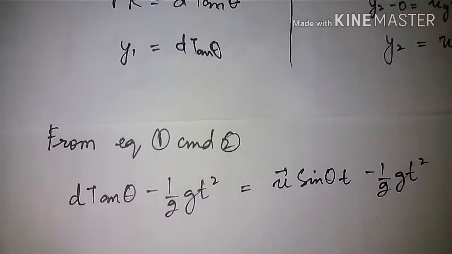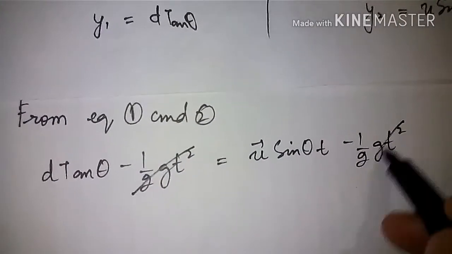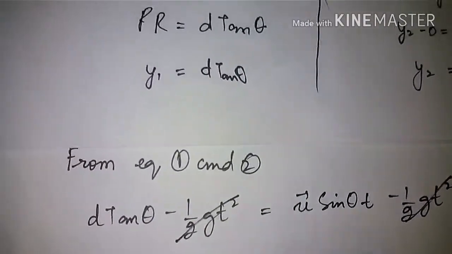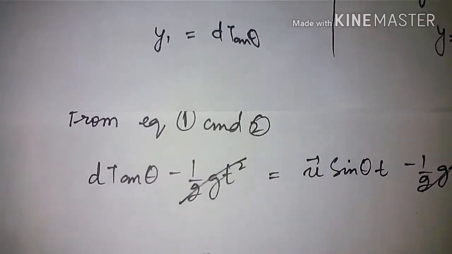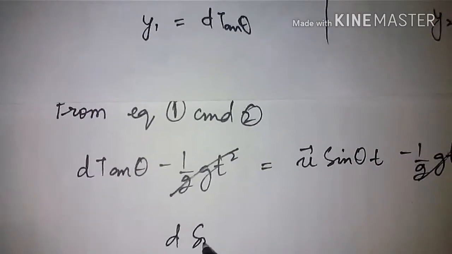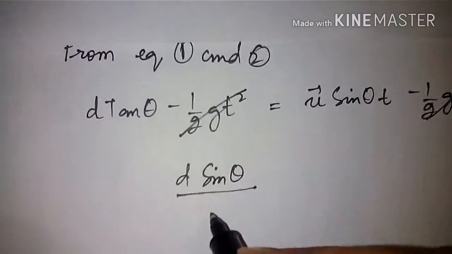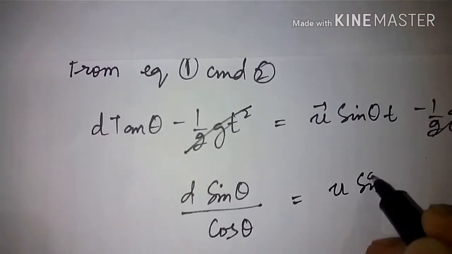All right, so far so good. This quantity and this quantity will be cancelled out because they are the same. Now we are reaching the conclusion. Hold your hearts for it. It's pretty exciting. I'm going to break tan into sine theta over cos theta, so d sine theta over cos theta equals u sine theta t.